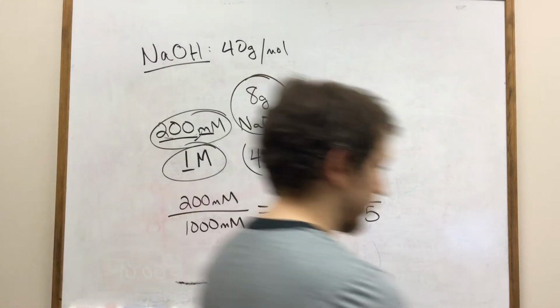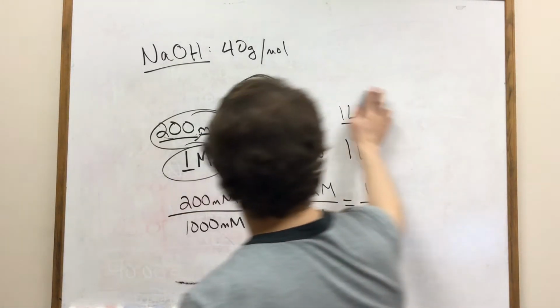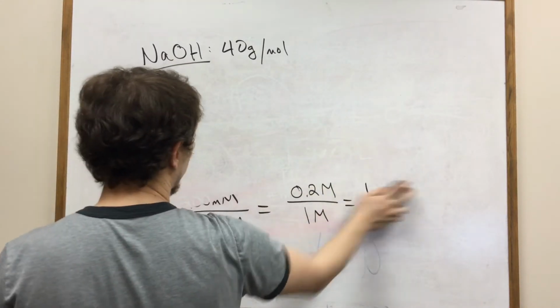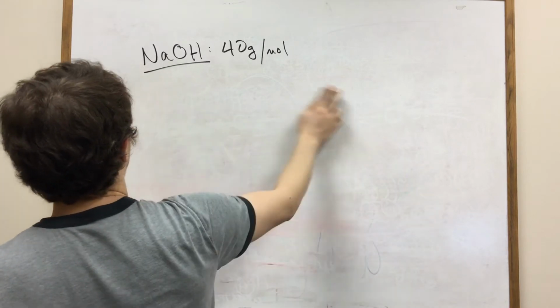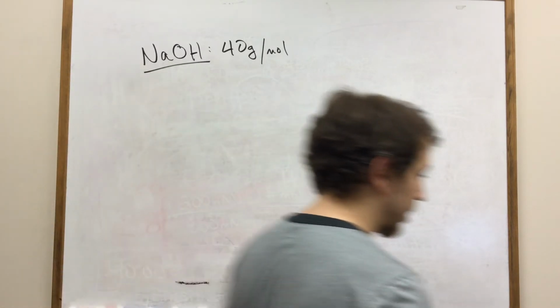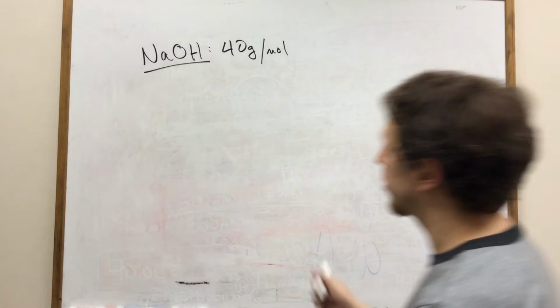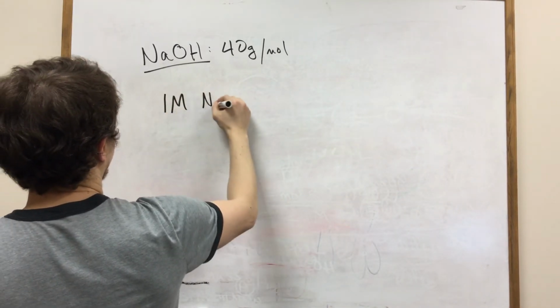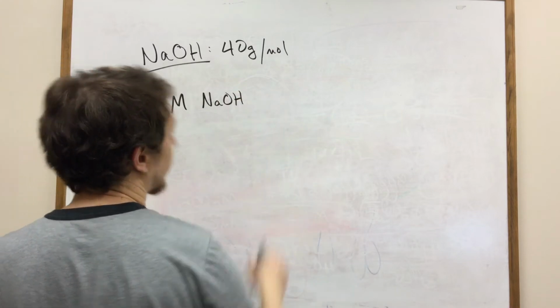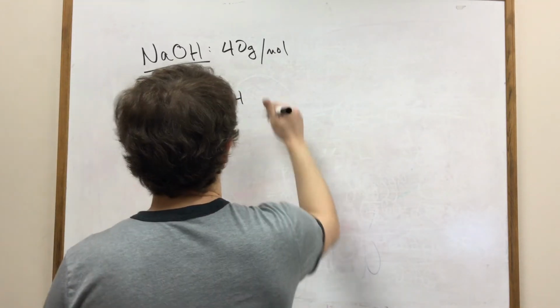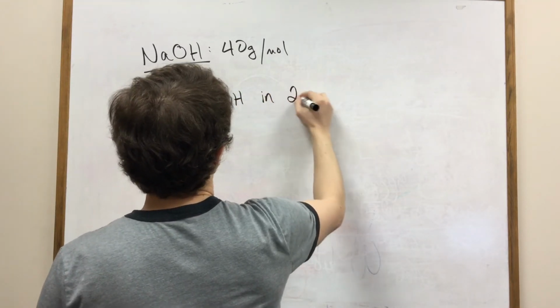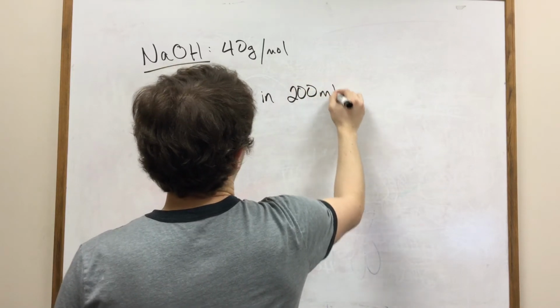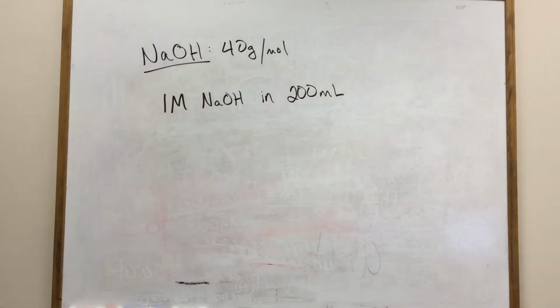All right? Now, let's change up the volume. So let's instead say that I want to keep it as 1 molar sodium hydroxide. But let's now say that I want to change this to 200 milliliters.